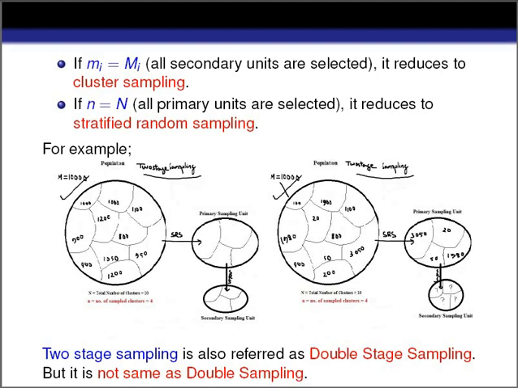You can see that some of the clusters are made of 1000 units, 1100 units, 800 units, 1200 units, like that. In that case, deciding our sample size for the secondary sampling unit is not a difficult task, because although the sizes of the clusters are not the same, they are not very different from each other.